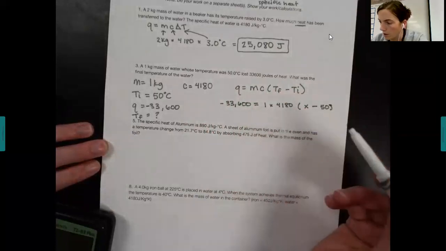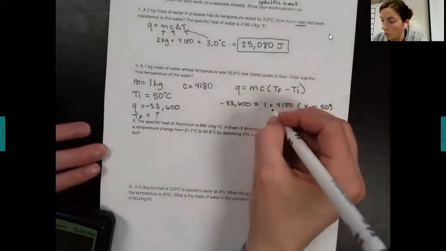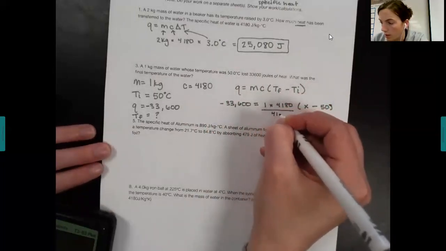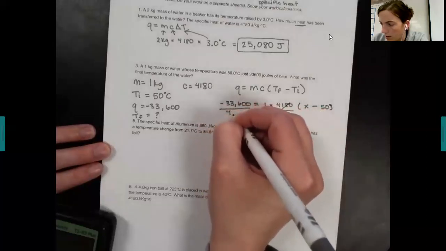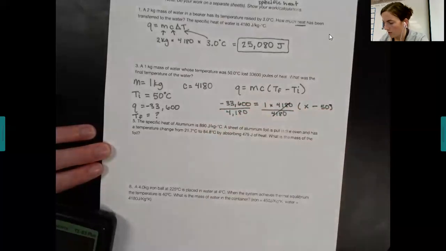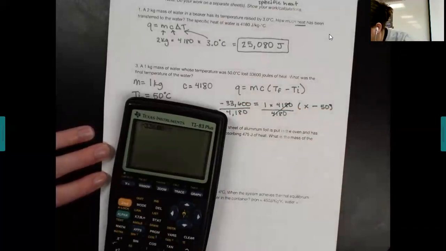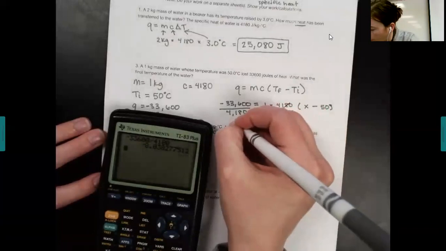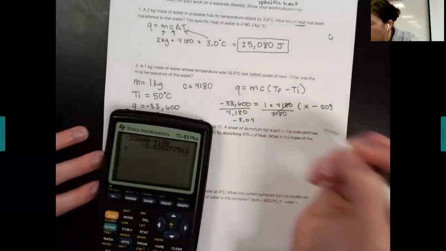Okay, so we're going to solve this. 1 times 4,180 is 4,180. So to move it to the other side, we'll divide by 4,180. So negative 33,600 divided by 4,180 is equal to negative 8.04. We'll round that.